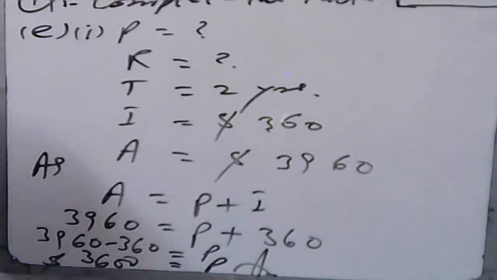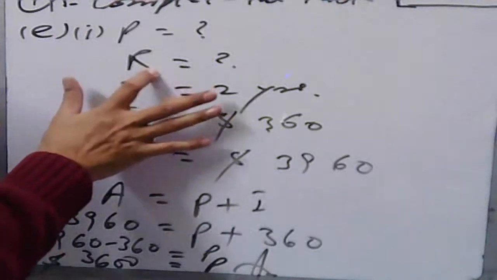But we have to find R also. R means rate of interest. How can we find the rate of interest? Once again, you can see the formula: simple interest is PRT divided by 100.